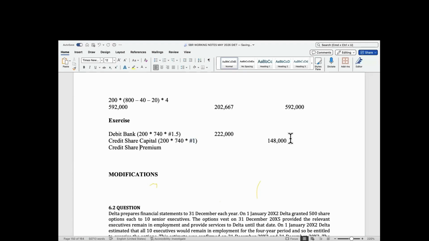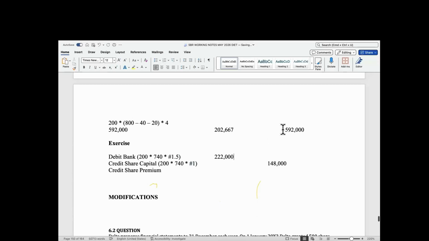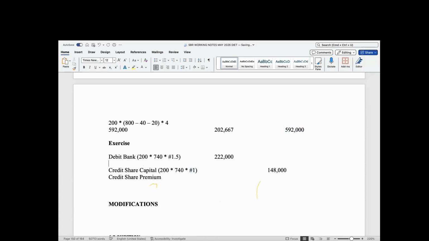So that means there's something missing that we have not done here. The cumulative balance in the equity reserve, what do you want to do with it? You cancel it out. It's a credit. You take it out, it's no more, because you are giving them shares.